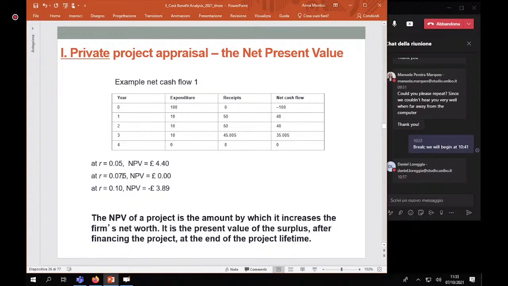What is the difference that you can see when you consider a discount rate equal to 5% or a discount rate equal to 7.5% or a discount rate equal to 10%? What are your considerations now?